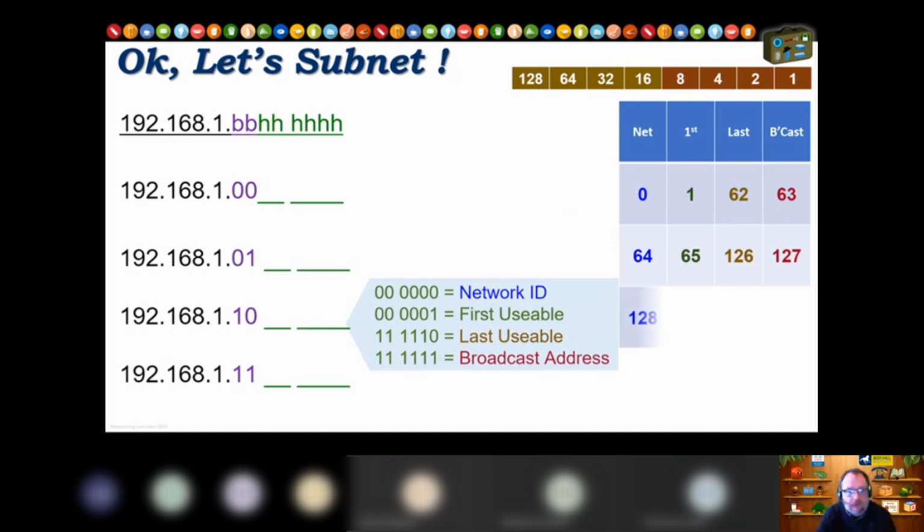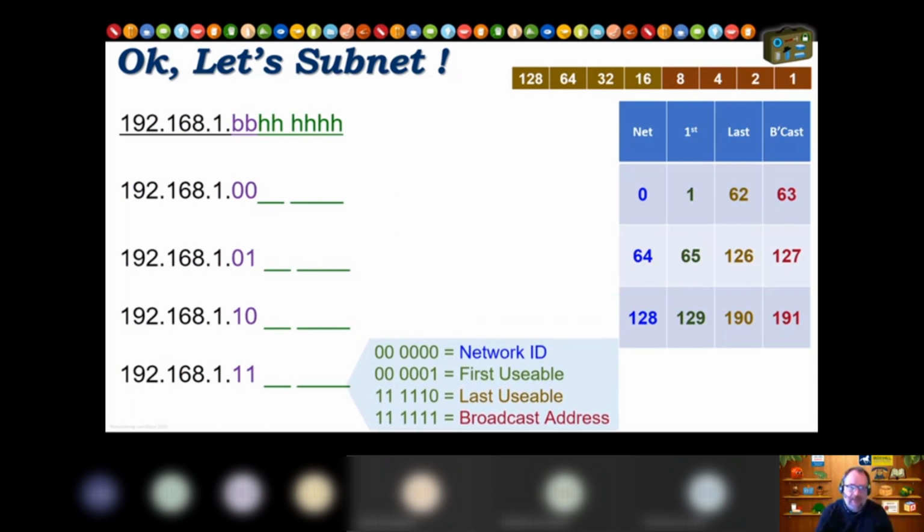Then, sorry, I should look at the camera. Then the next subnet starts with 1, 0. So 1, 0, 0, 0, 0, 0, 0, 0 is 128. 1, 0, 0, 0, 0, 0, 0, 1 is 129. 1, 0, 1, 1, 1, 1, 1, 0 is 190. 1, 0, 1, 1, 1, 1, 1, 1 is 191.